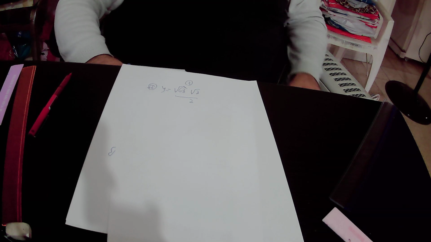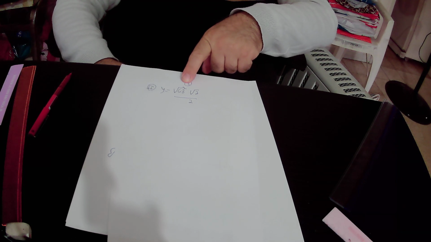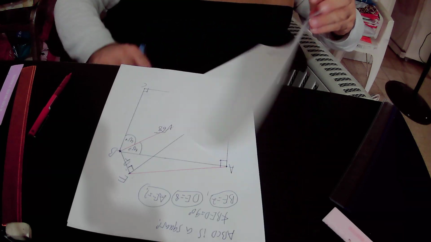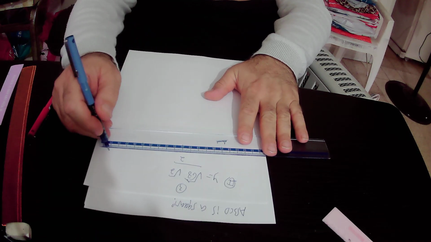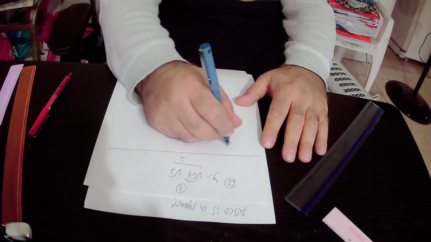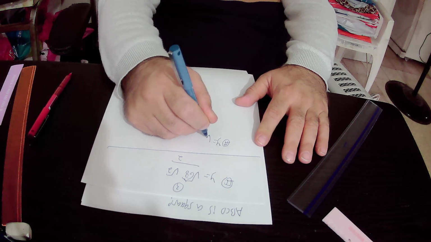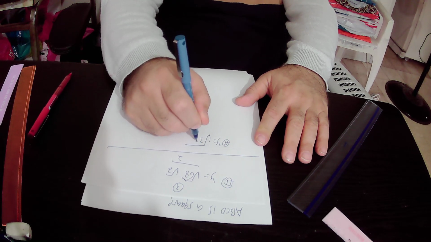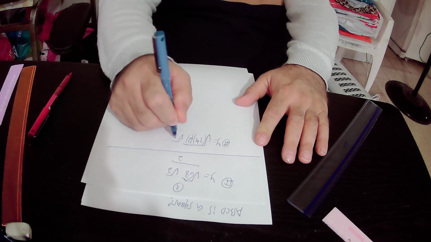We know that 68 equals 34 times 2, so we'll substitute 68 inside the root by 34 times 2. We will get that y equals the square root of 34 times 2 times square root of 2 over 2.